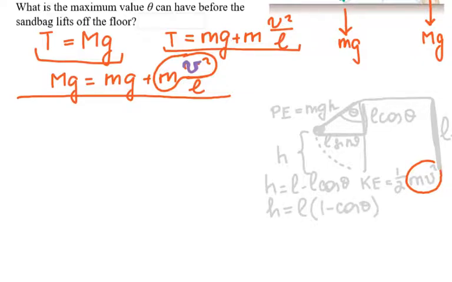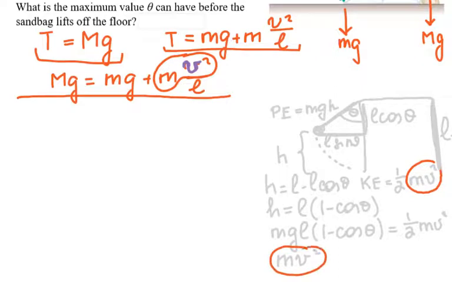So for the potential energy, I have mg times L times 1 minus cosine theta, equal to 1/2 mv squared. So mv squared, the part that I need to replace in the other equation, is equal to 2 mgL times 1 minus cosine theta.